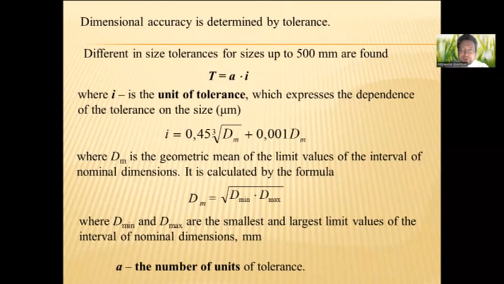Dimensional accuracy is determined by tolerance. Tolerances for sizes up to 500 millimeters are found by the formula T is equal to A multiplied by I, where I is the unit of tolerance, which expresses the dependence of the tolerance on the size in micrometers.